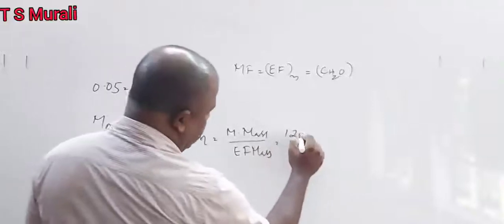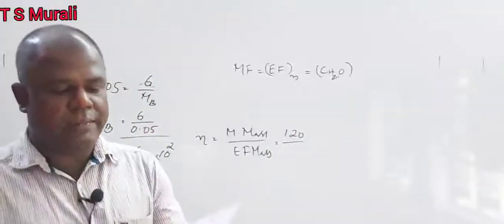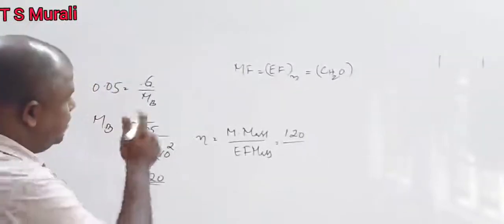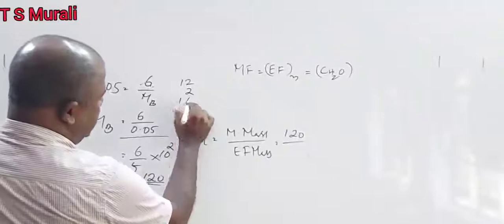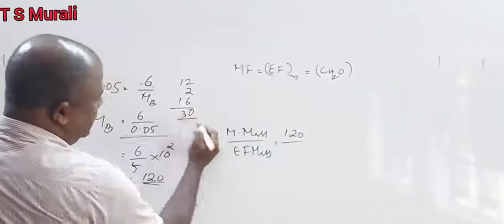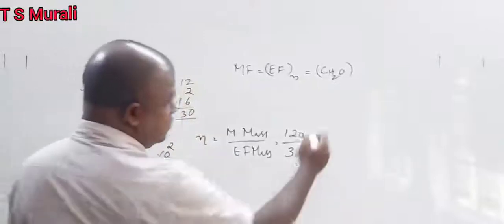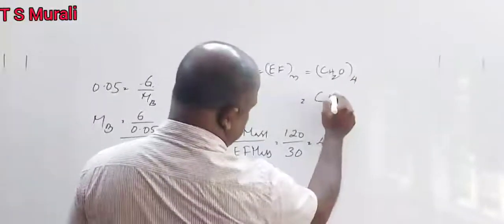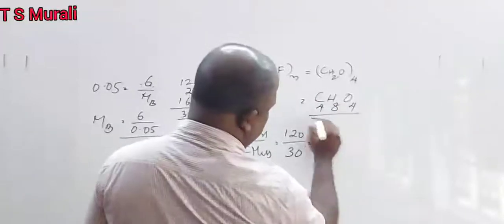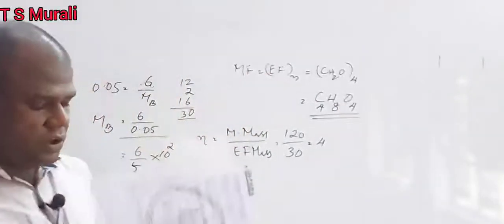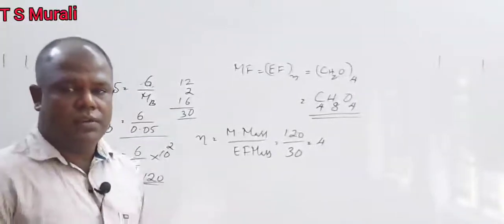So 120 divided by the empirical formula mass, CH2O: C is 12, H2 is 2, and O is 16, which means 30. So 120 divided by 30, 4 is the value of n. So times 4 means C4H8O4 will be the correct molecular formula of the compound. Agree? So it's a mixed question.